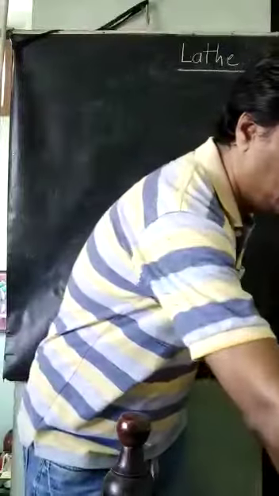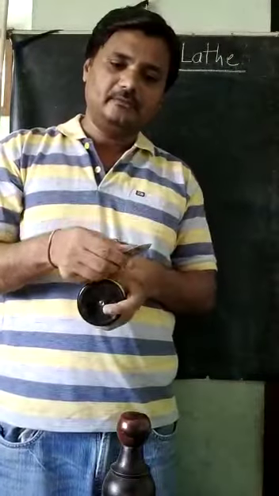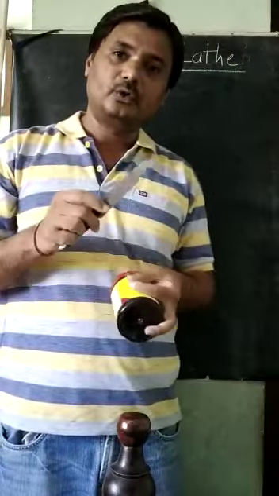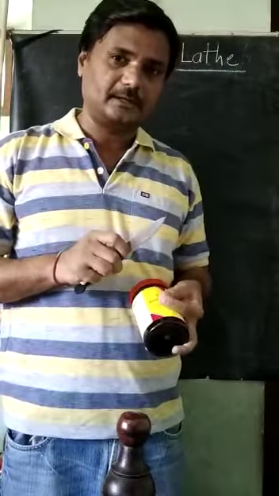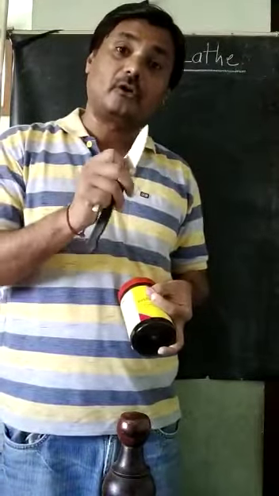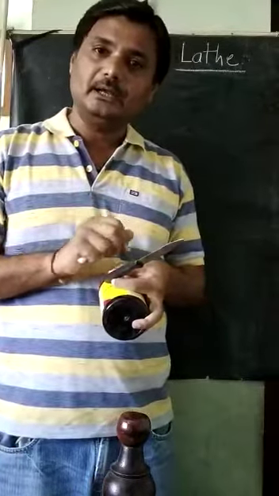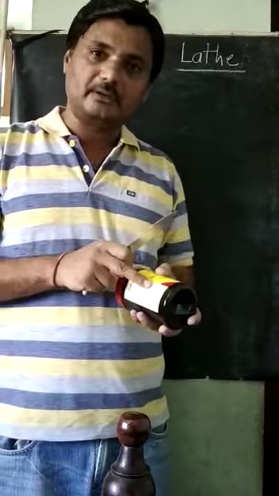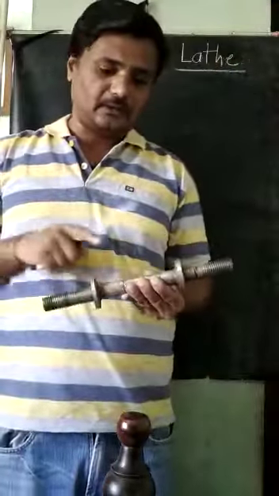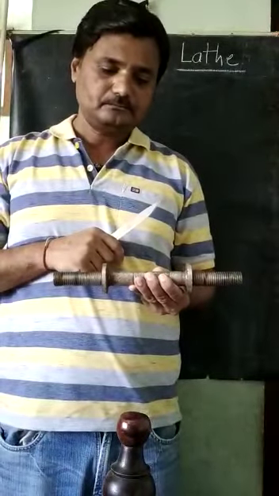For example, take a knife; it is used to cut vegetables, correct? The vegetables are softer than the knife material. Like that, for this metal, just take a metallic rod like this here.